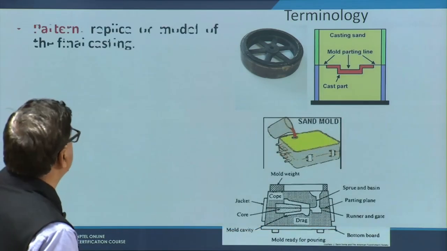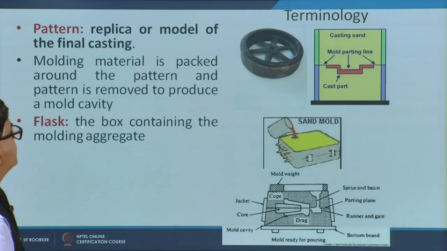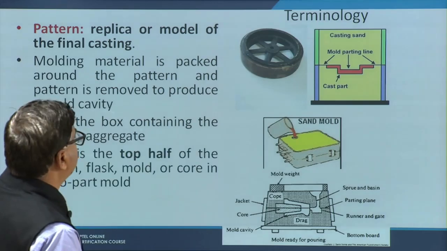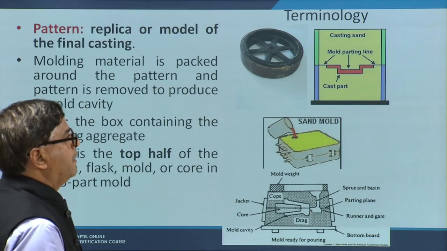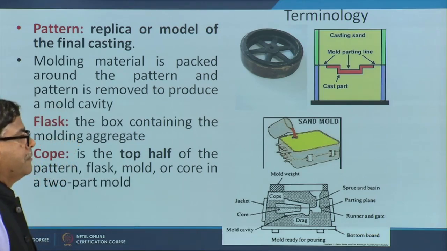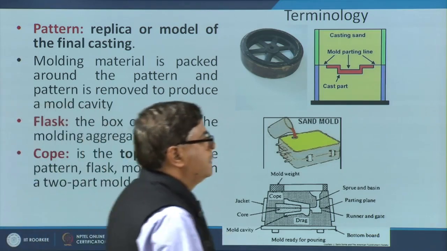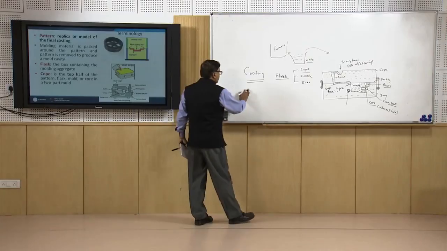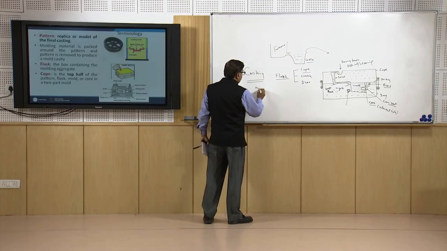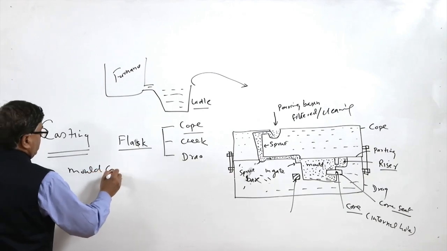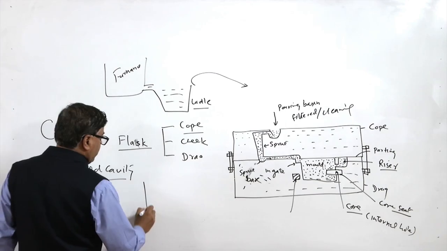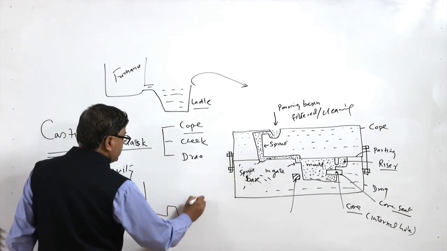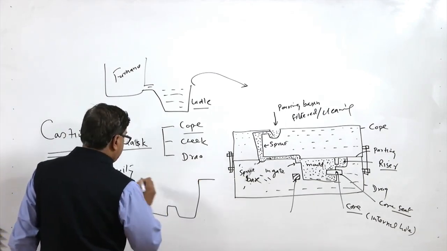So, now we will see other terms which are related with this. Here they are, say, the pattern. Although I have not talked about the pattern so far. So, the mold cavity is the cavity which has the shape of the casting to be made.